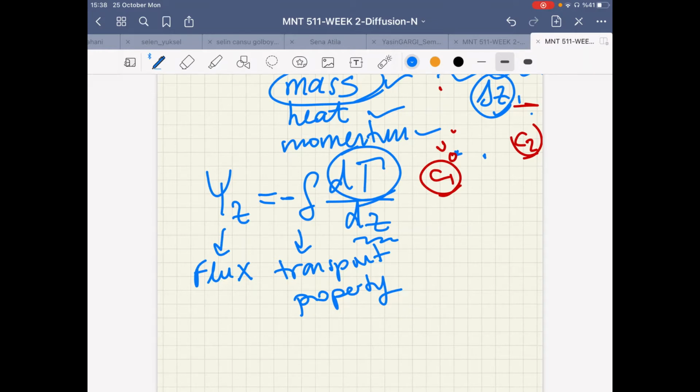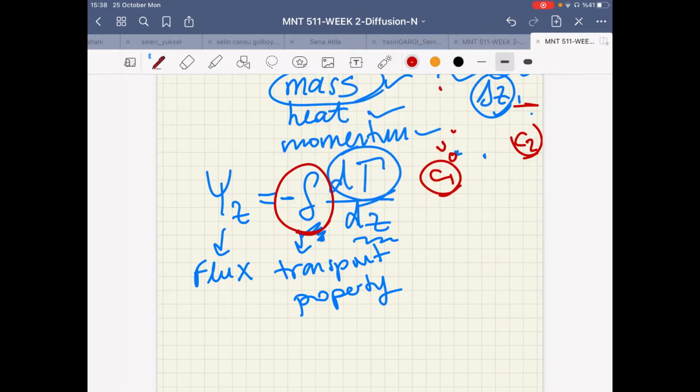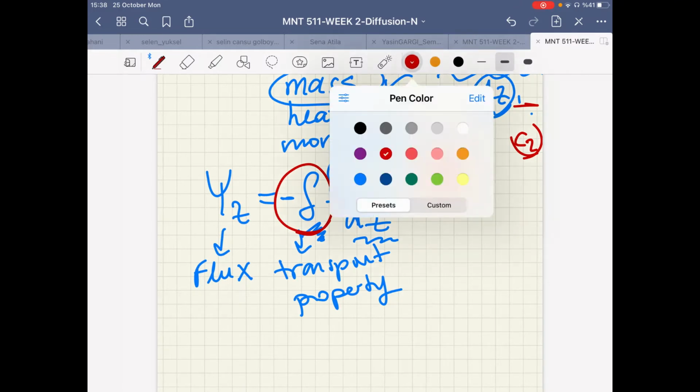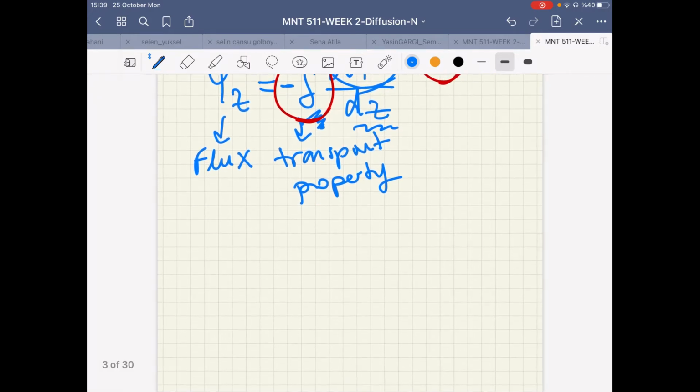We're going to be talking a lot about how that changes as a function of mass, for example. For momentum, it becomes Newton's equation for momentum transfer. For heat, it becomes Fourier's law for heat conduction, or for mass, it becomes Fick's law for mass transfer.